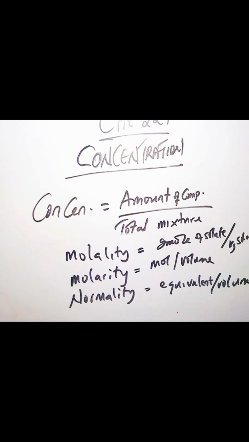These are the various ways of expressing concentration, starting from mass per volume, mole per volume, mass fraction, mole fraction, ppm, ppmv, normality, molality, molarity. These are various ways in which concentration can be expressed.